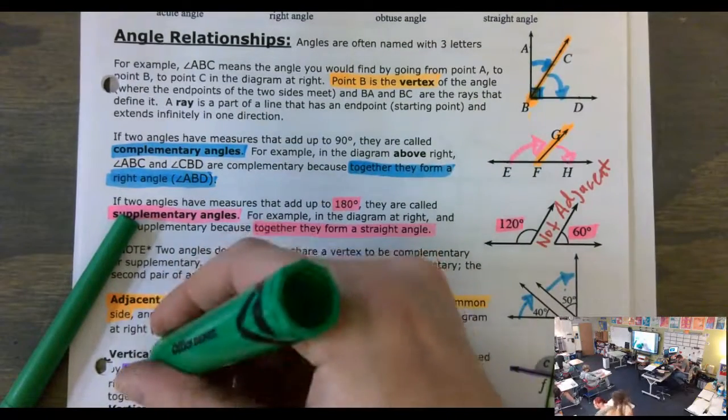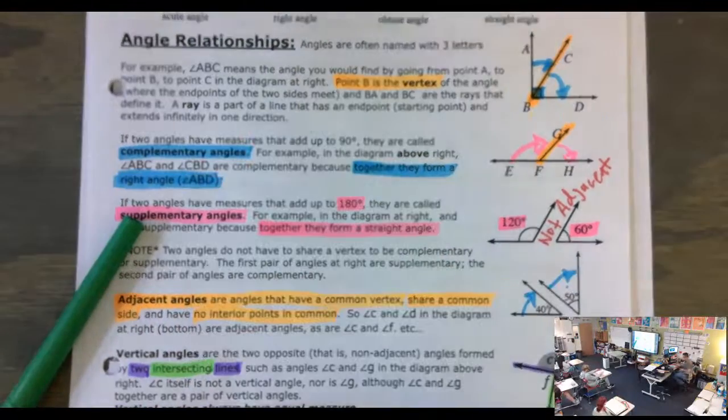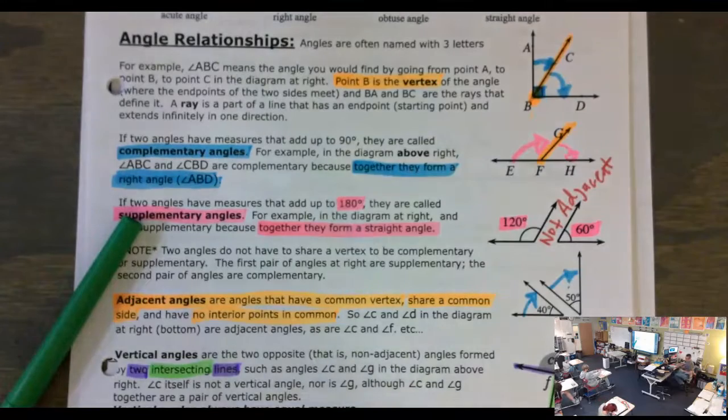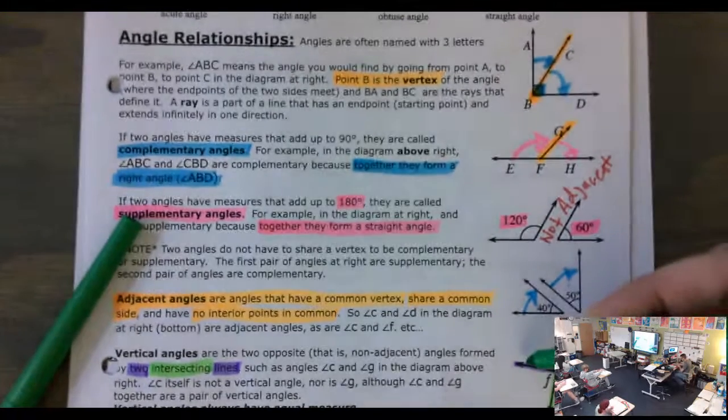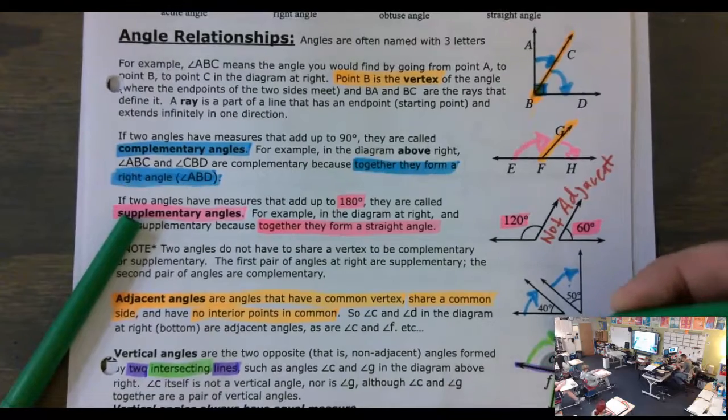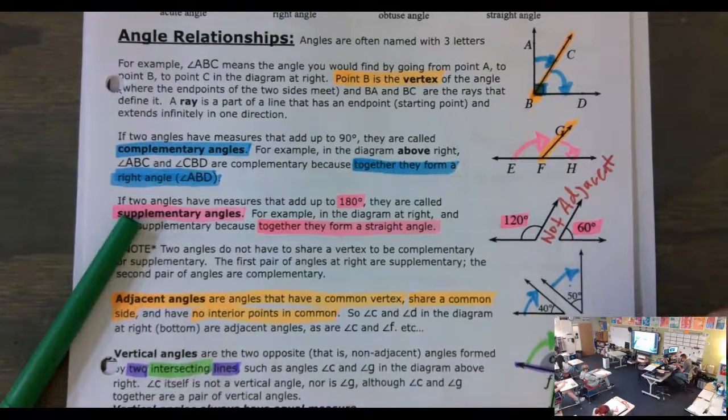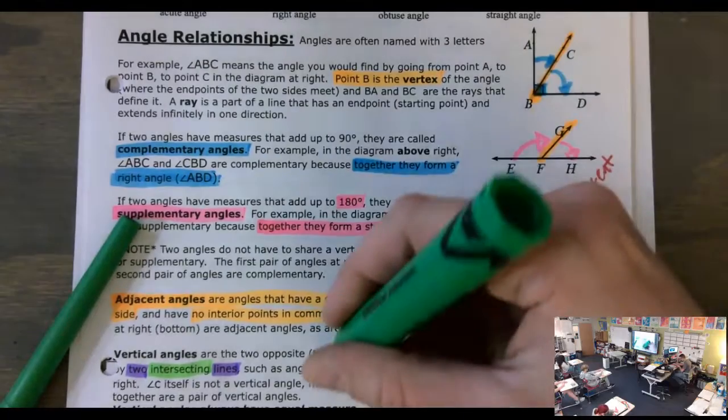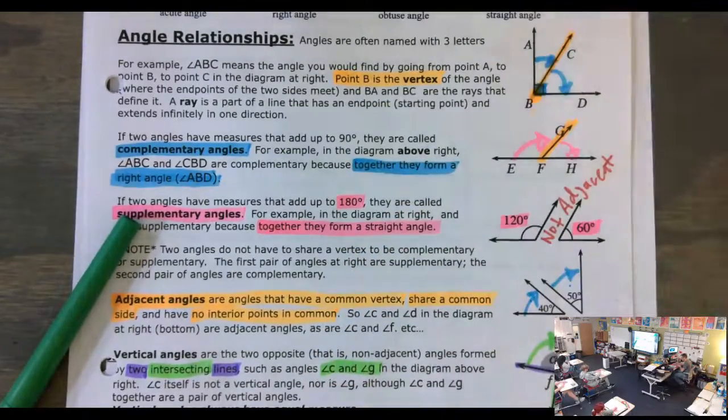Now here's the thing though. Every set of two lines that cross each other, like we just saw, creates two different vertical pairs. So C and G are vertical with each other.